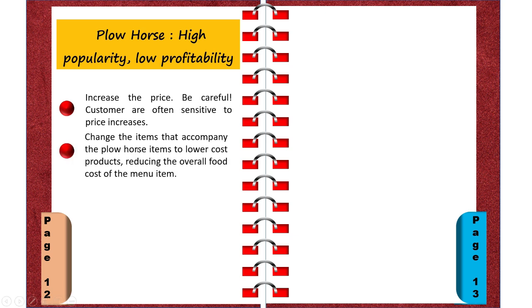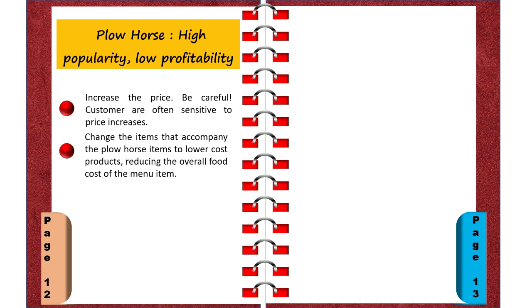Or change the items accompanying the plow horse item to lower-cost products, reducing the overall food cost of the menu item. This point is highlighting another area for us: because their profitability is low, either we can increase the price, but I know that customers are price sensitive, or else we can try to decrease the food cost without compromising the quality.